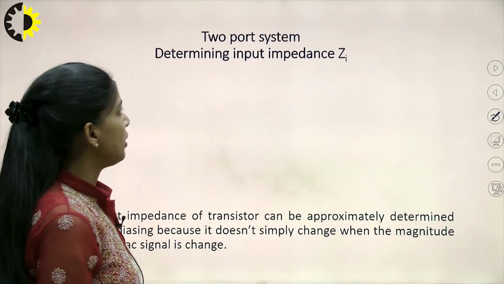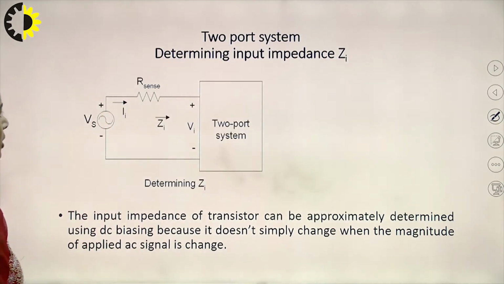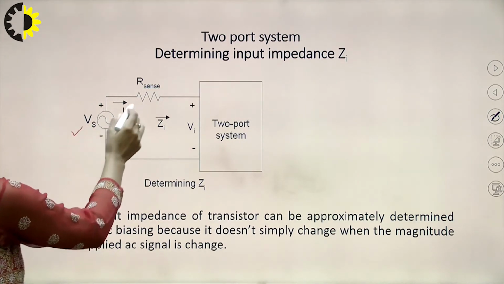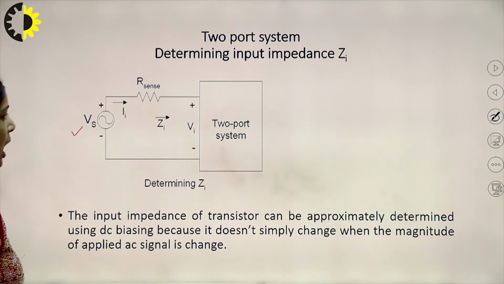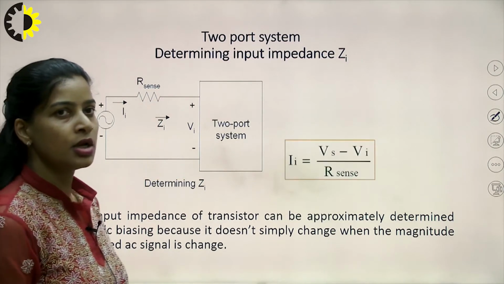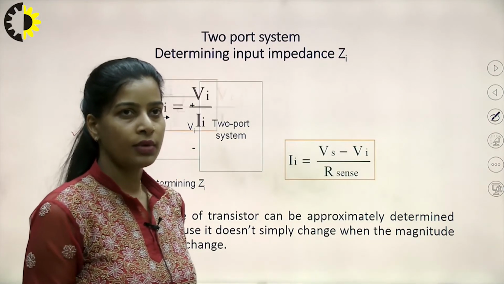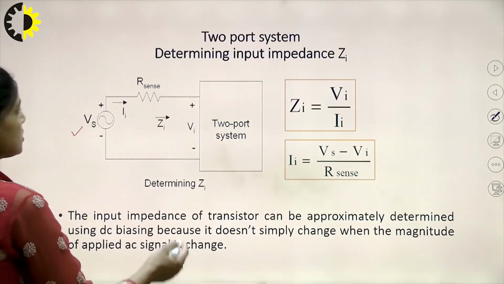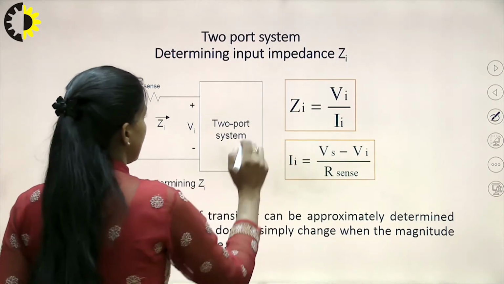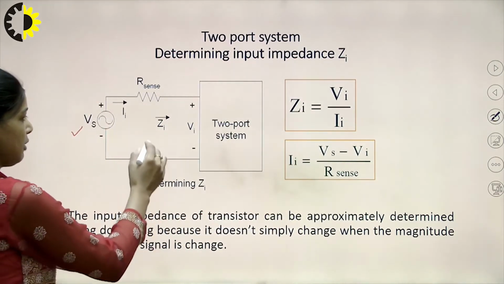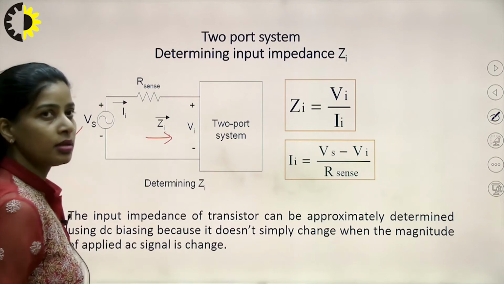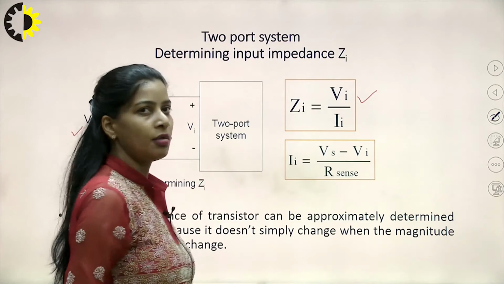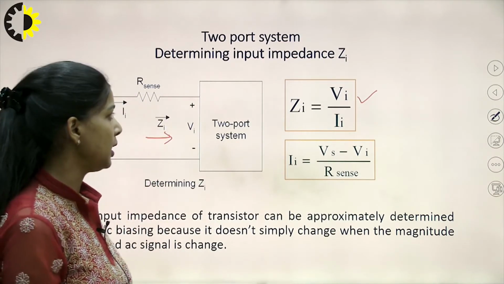So, determining the input impedance Zi, this is the two port system in which this is the source potential. Here a resistance R sense is connected so that we can have a determined value of the current. We know that the resistance seen from the input side will be the ratio of V and I, so we can define it as V input divided by I input.